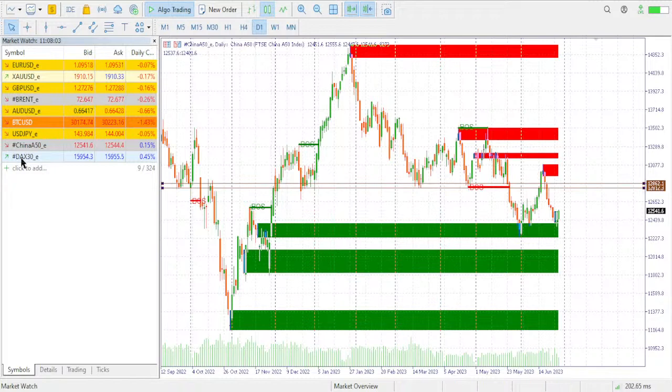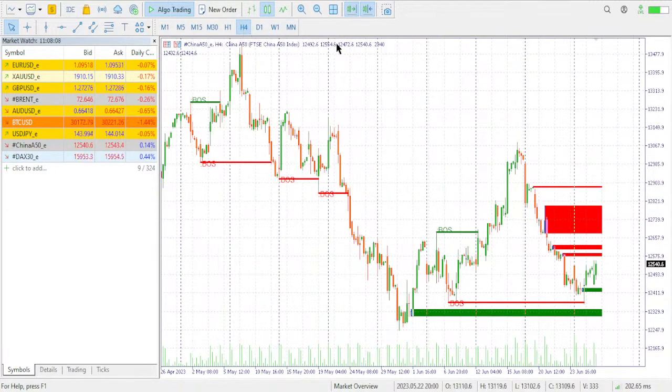The next chart which I want us to have a look at, let's look at the same chart on a lesser time frame.